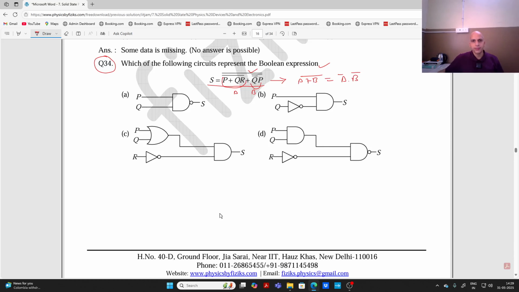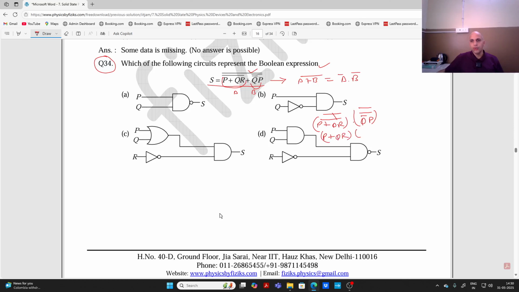A is P plus Q R NOT. This is A, right? And it will have one more NOT operation into B NOT. B is Q NOT P whole NOT, and we will take one more NOT of the whole, right? So now when you look at it, two NOTs are there, they will cancel out. I will be left with P plus Q R, right?